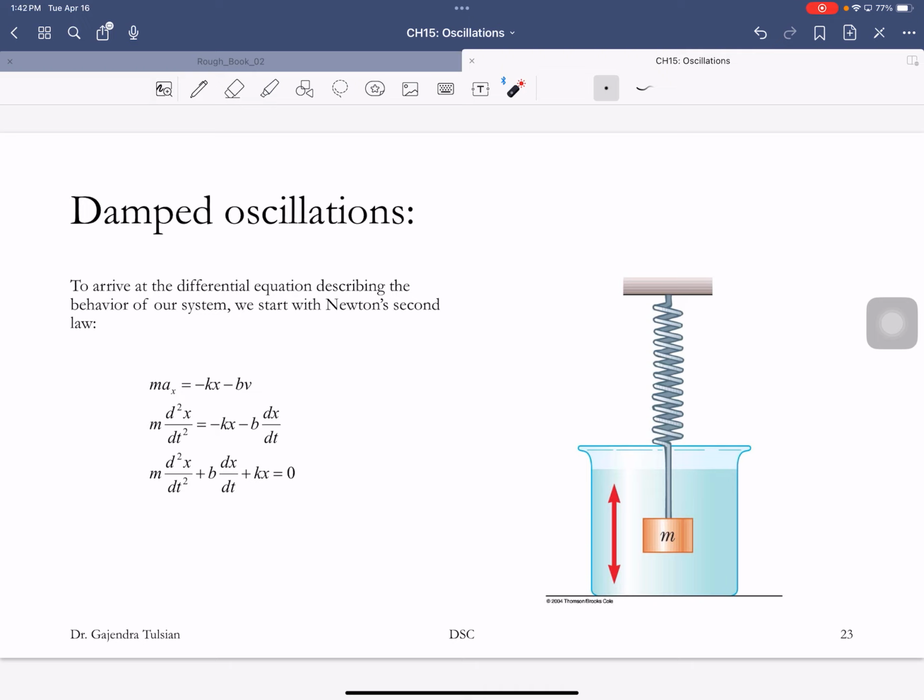None of the terms are squared. And then we will do d squared x by dt squared plus b over m dx by dt plus k over m x, and x is always a function of time. And this guy we called omega squared, so I'm going to replace that by omega squared.